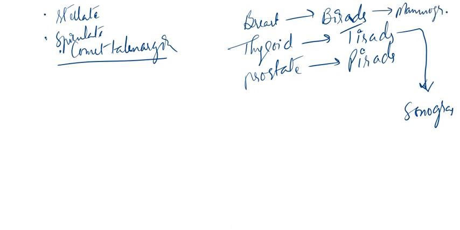And PI-RADS or the prostate malignancy score is done with the help of MRI. Remember these three facts, okay? Don't forget.